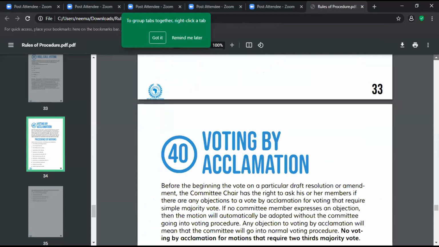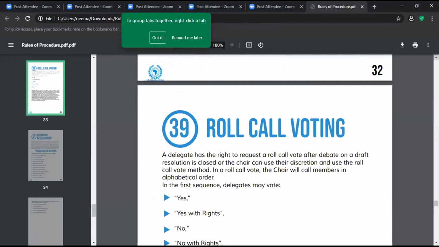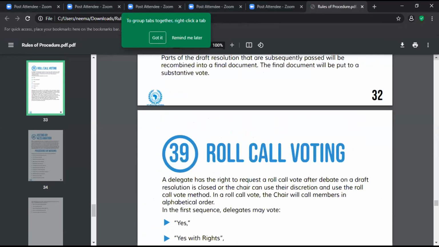Is it at the end? Yeah, probably at the next page, you can just scroll down and then you'll see that. Oh, okay.